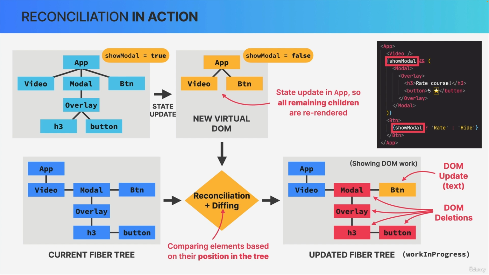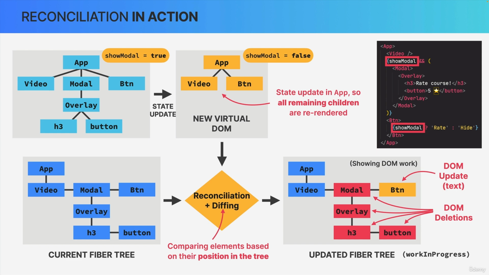Finally, we have the interesting case of the video component. So this component was re-rendered because it's a child of the app component, but it actually didn't change. And so as a result of reconciliation, the DOM will not be updated in this case.